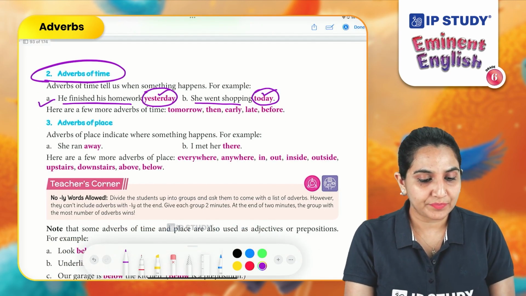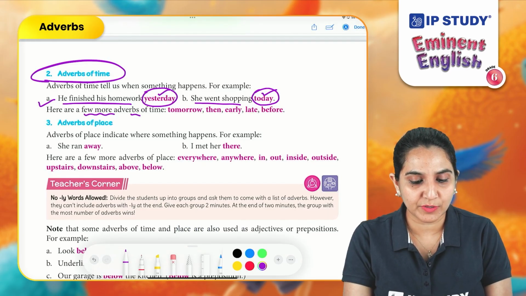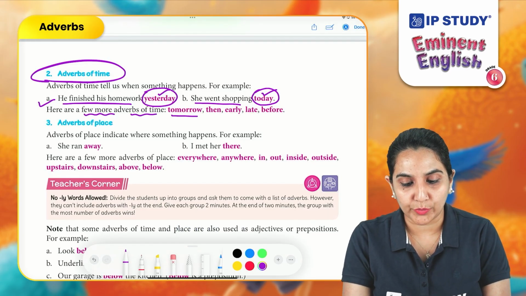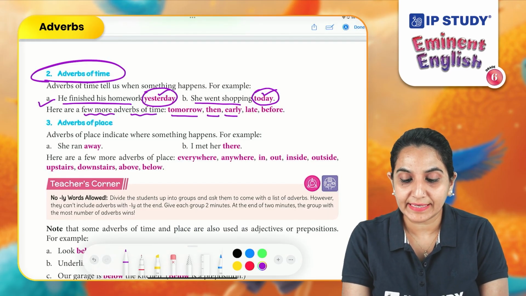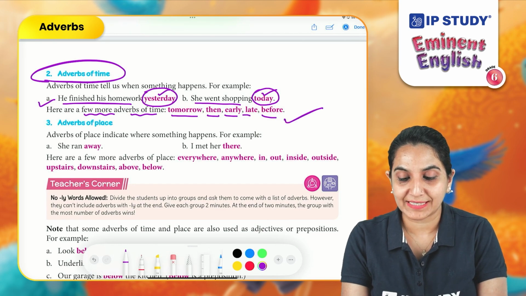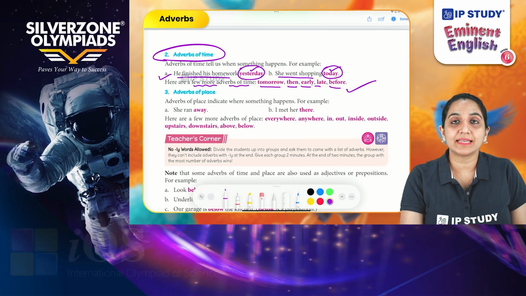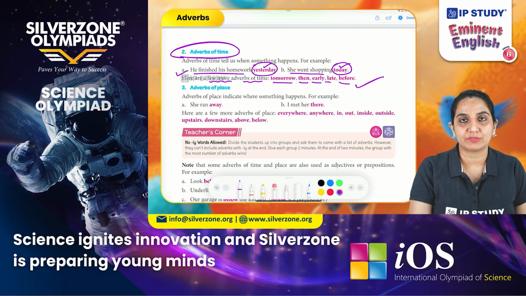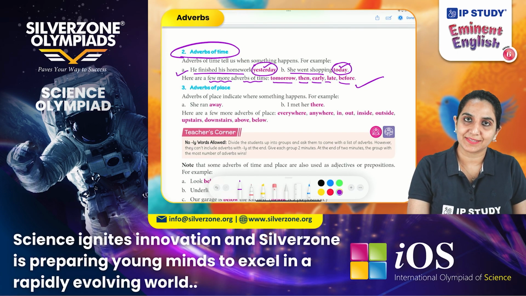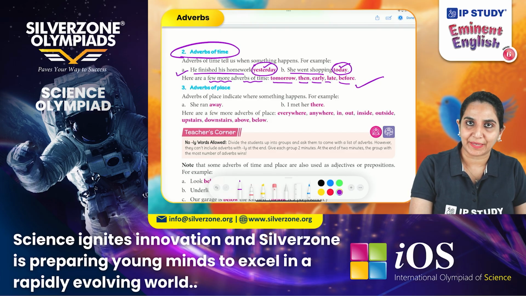Some more examples of adverbs of time could be tomorrow, then, early, late, before. For example, the train arrived late. So this tells us when the train arrived. This is adverbs of time.